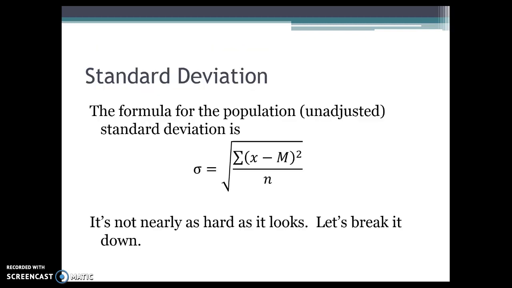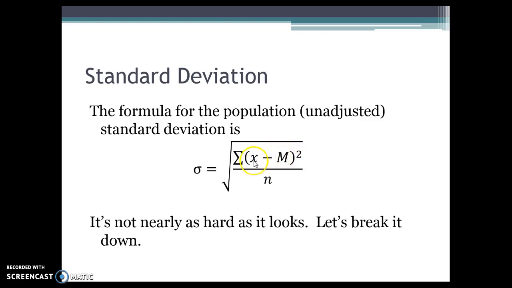So here's the formula. I realize this might look a little intimidating, but we're going to break it down. So X represents the observations in the data set. And then if you recall, capital M is the mean of the data.